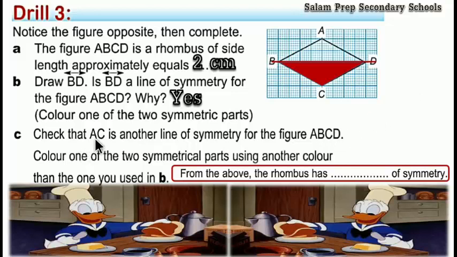Check that straight line AC is another line of symmetry for the figure ABCD. Like this.